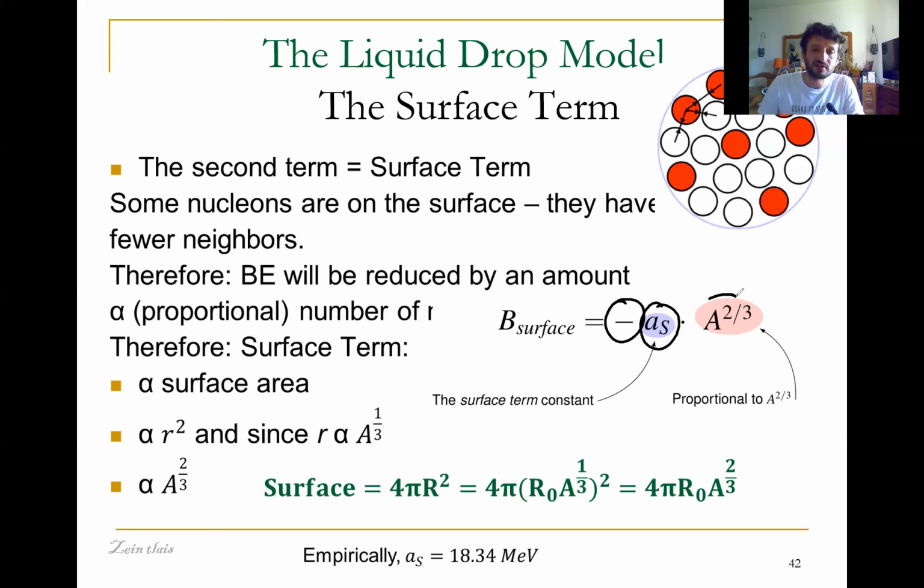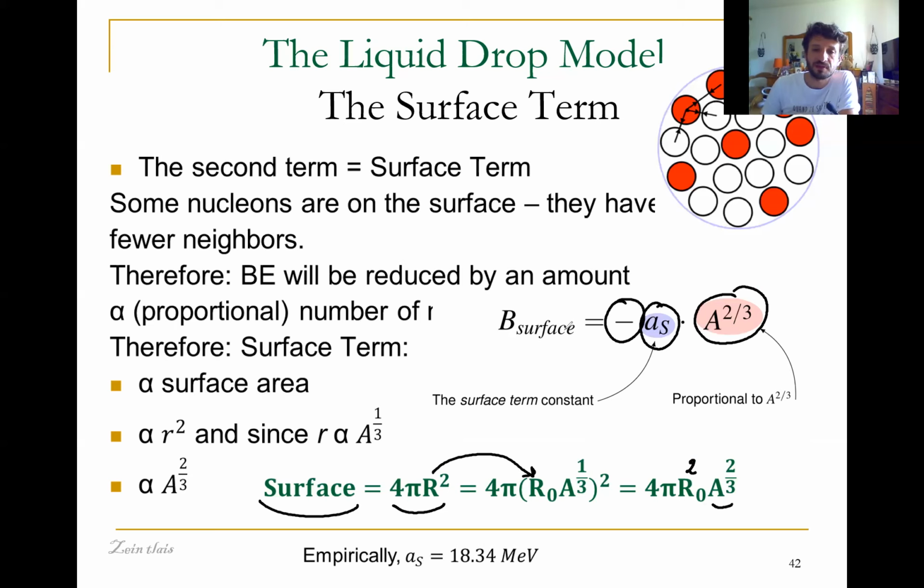Why is it a function of A power 2 over 3? Because the surface of a spherical object equals 4 pi r square. We put r here, and we get finally 4 pi r0 square times A power 2 divided by 3.